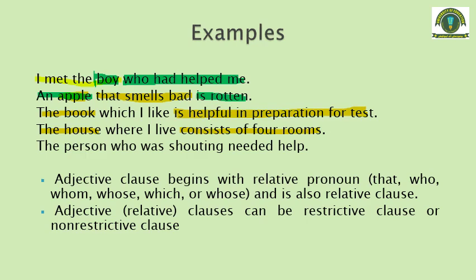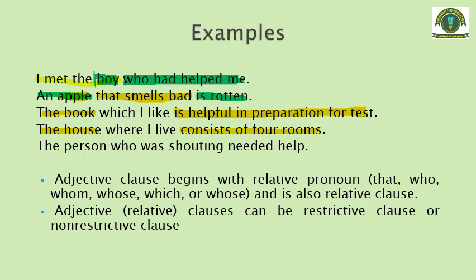But there is a small portion in the sentence, "where I live." So this is adding detail to the house. House is a noun and "where I live" is telling you about a specific house, where I live. So it is adding details to a noun. It's coming after a noun. Since it is coming after a noun and it's adding details to a noun, it is an adjective clause.